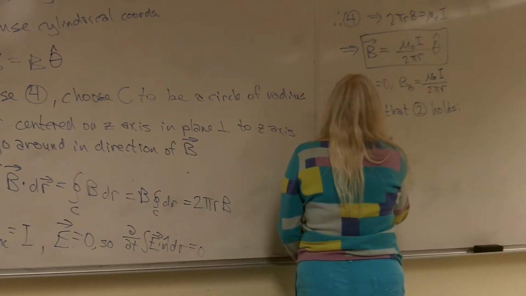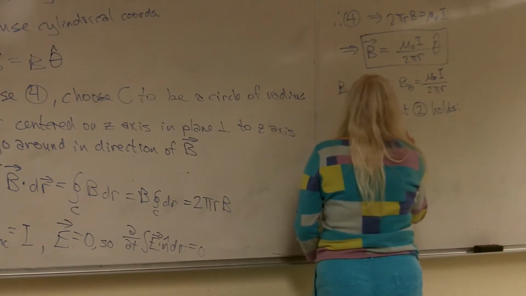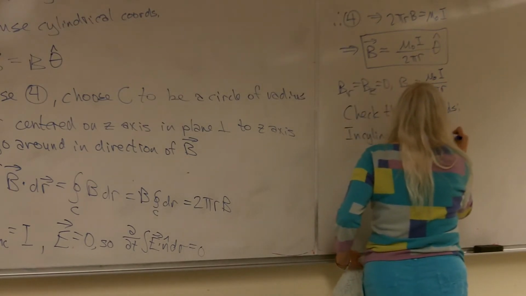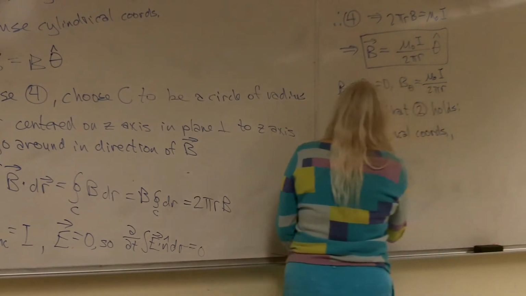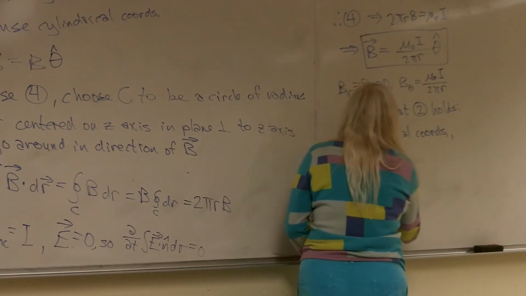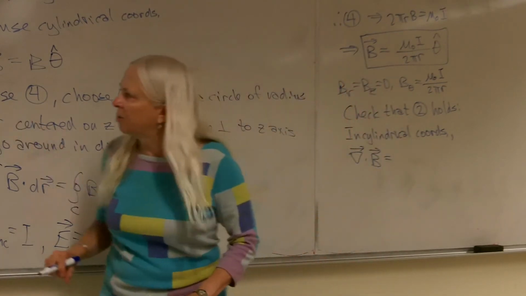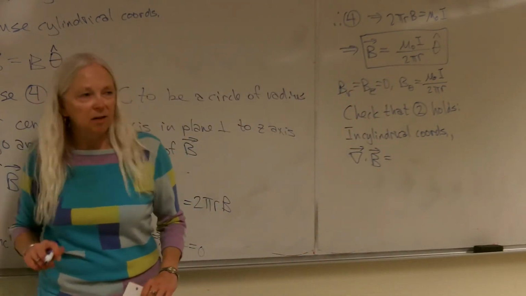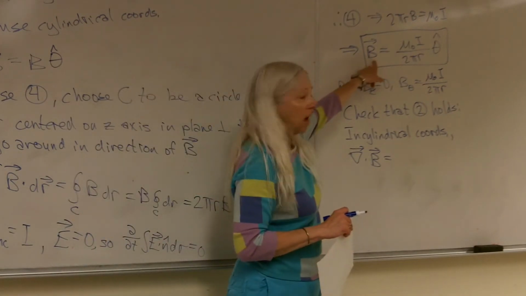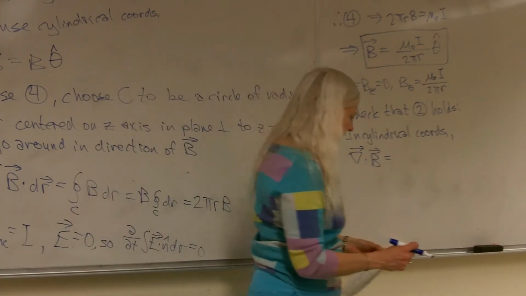In cylindrical coordinates, let's check the differential form of Gauss's law for magnetism. That tells us the divergence of B should be 0.